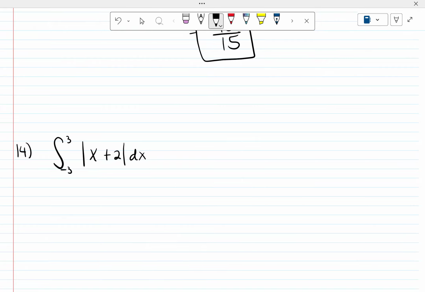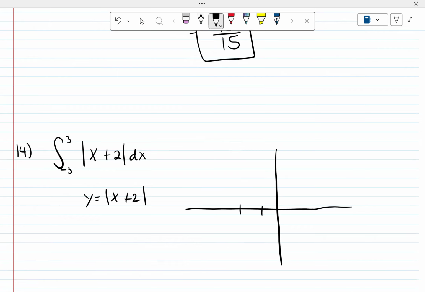So how does the graph of y equals the absolute value of x plus 2 look like? That looks like this, right? Where this is -2, and then a dot and the V shape, right?